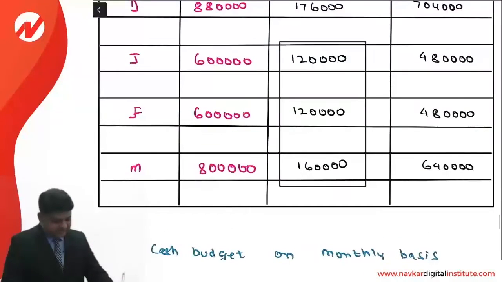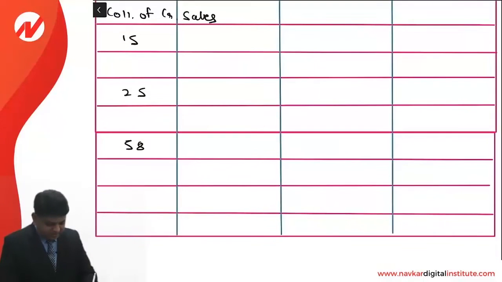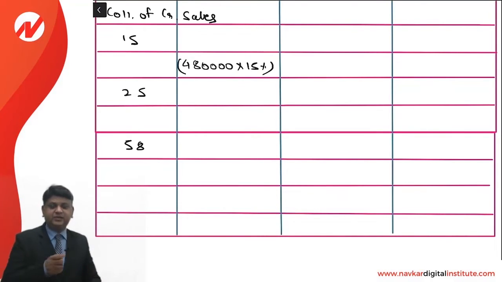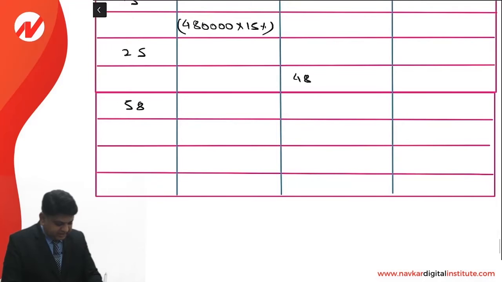As far as the credit sales of January is concerned, it is 4,80,000. So what will happen, dear students? 15% of 4,80,000 will be collected in the month of January only. So in the column of January and against 15%, I am writing the collection in the month of January. Then it is 4,80,000 into 25%.